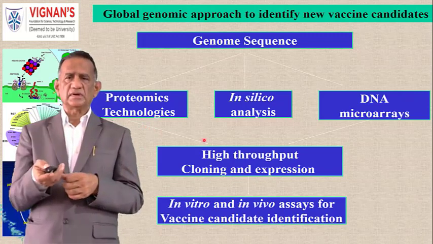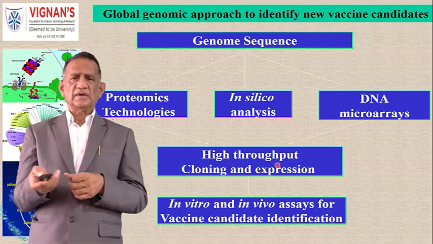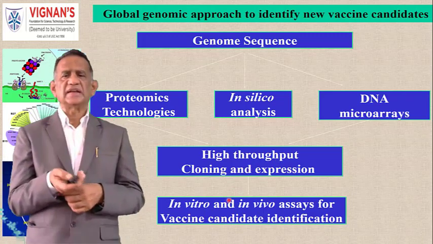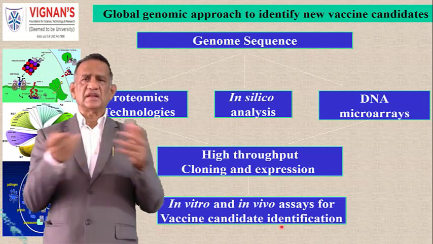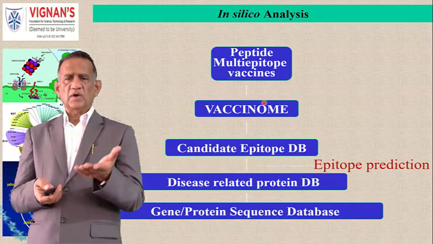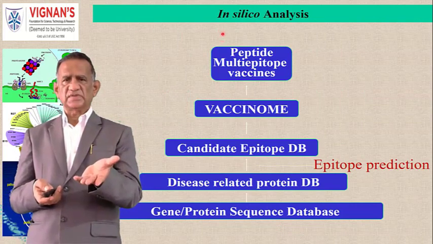Now high throughput cloning and expression. Ultimately, in vitro and in vivo assays for vaccine candidate identification. So this is a regular procedure for vaccine candidate identification. Let us see next.